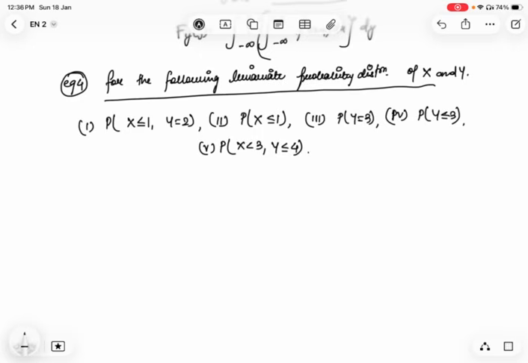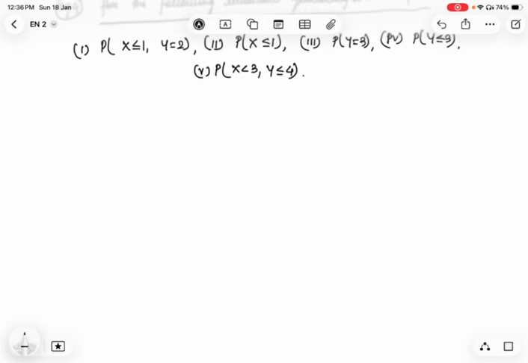So what is the table? Let me draw a table. By solving examples, the concepts will be clearer to all. Y takes values 1, 2, 3, 4, 5, 6.